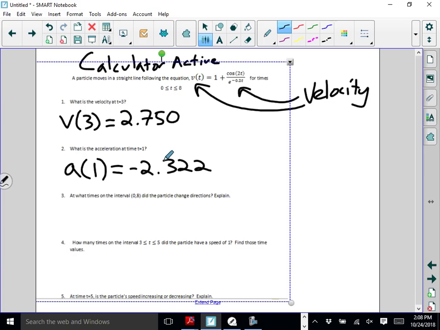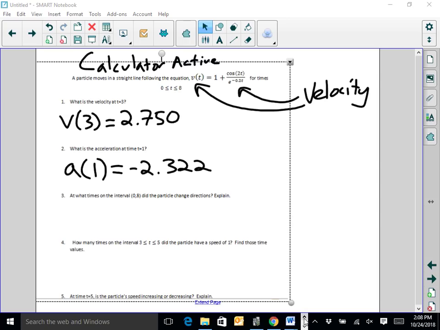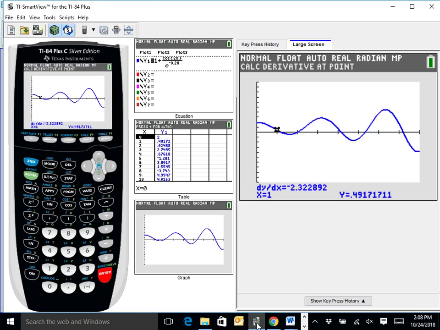Okay, and I'm looking for v of t to change directions. Then I also have to explain. So let's go back to my graph. So I'm looking for velocity changing signs. Remembering here that my velocity is what I have graphed. Right? So I'm looking for zeros, but I'm looking for zeros where I specifically cross the t-axis.